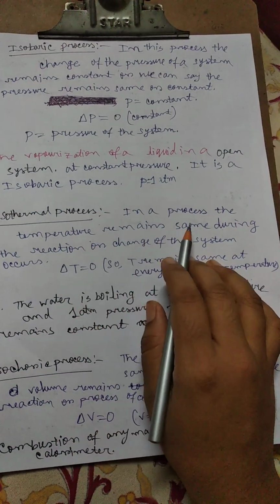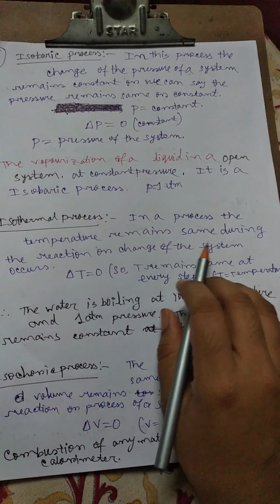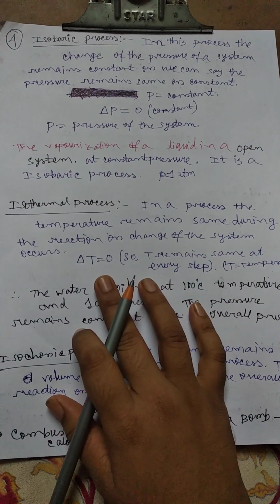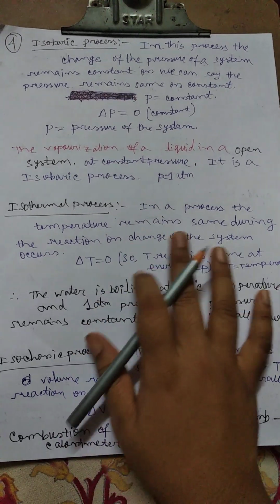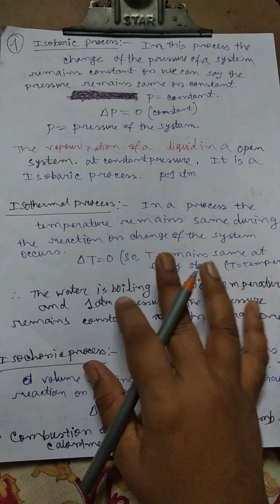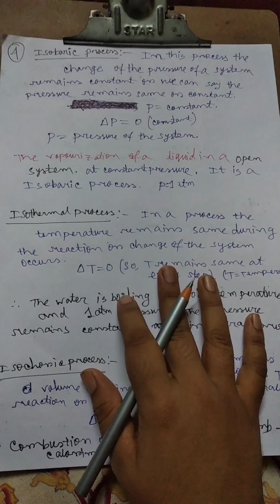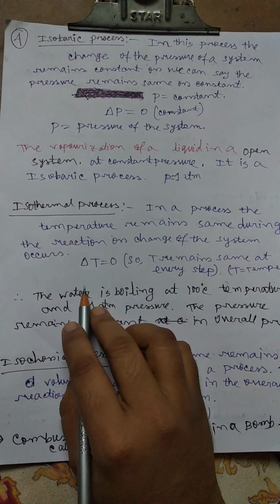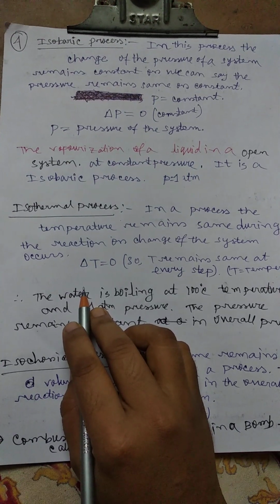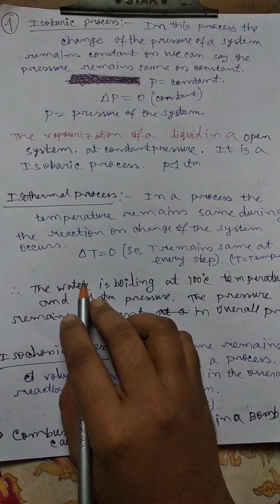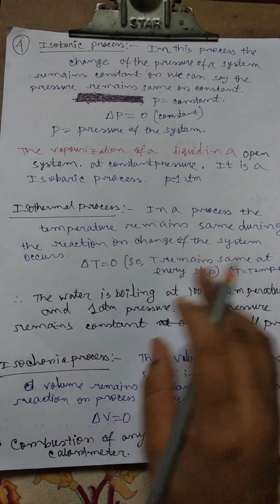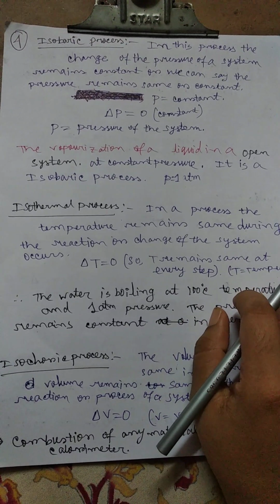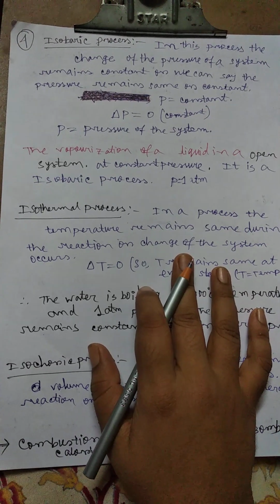Isothermal process: in this process the temperature remains the same while the reaction or change of the system occurs. In a system, a reaction is occurring, but the temperature always remains the same. If the temperature was T equal to 0 at the start of the reaction, but becomes 100 degrees Celsius at the end, no, that is not possible in an isothermal process.